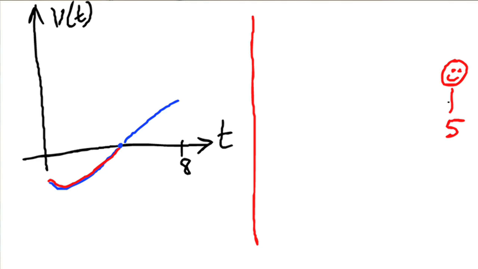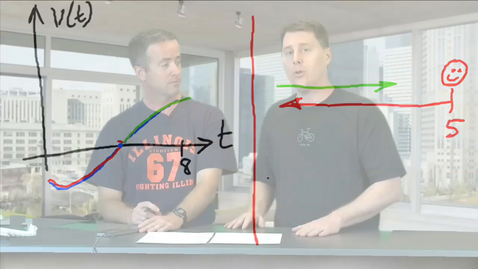That means that it's going to be moving left, negative velocity during that time. Right here, of course, we're turning around where there's 0 velocity. And in this area, we have positive velocity above the x-axis, and the particle will be then moving to the right.